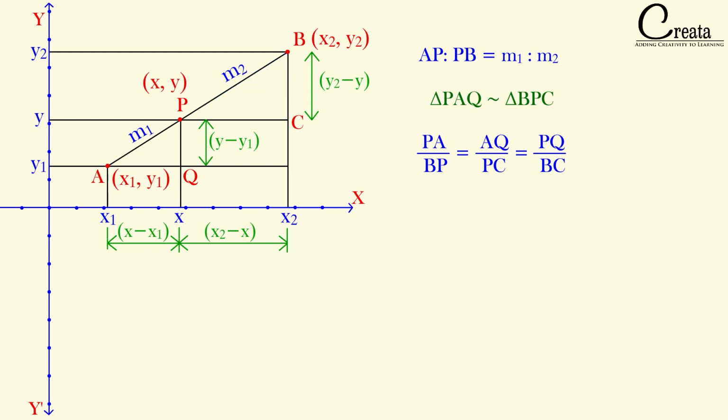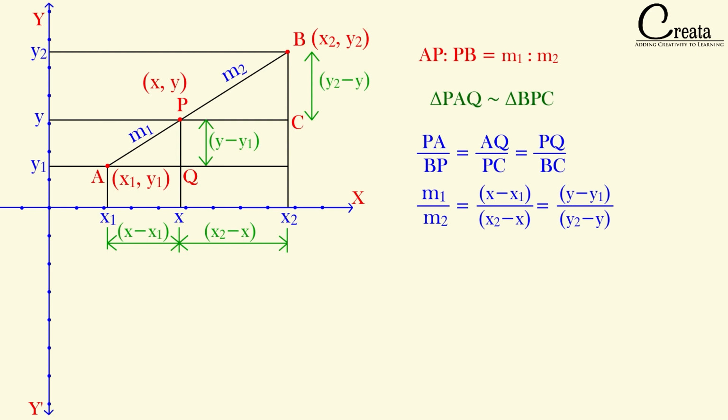So let's come back to our equation and put in the values. Here PA upon BP will be equal to m1 upon m2, because the point P is dividing the line segment AB into the ratio of m1 is to m2. Don't be confused here, m1 and m2 are not the hypotenuse of this triangle. m1 and m2 are just the ratio.